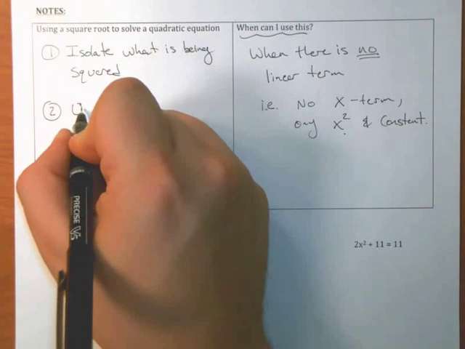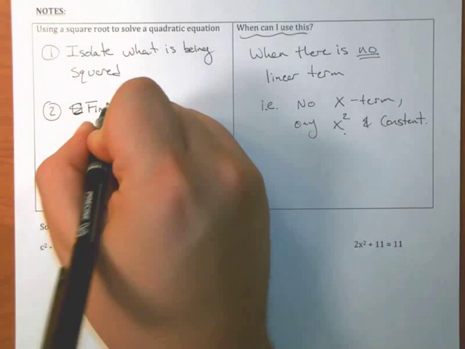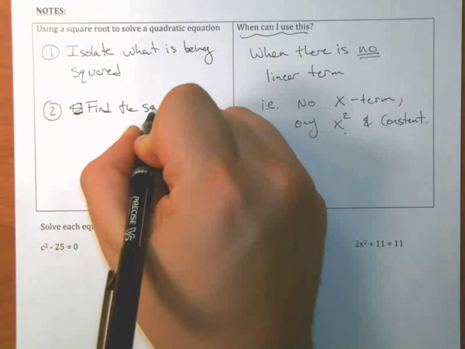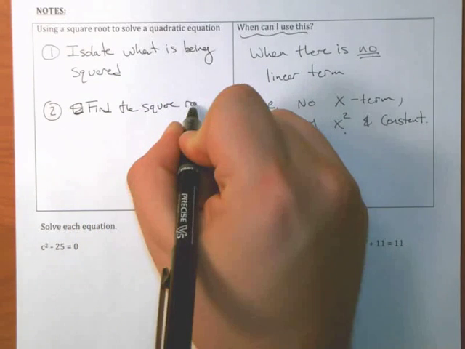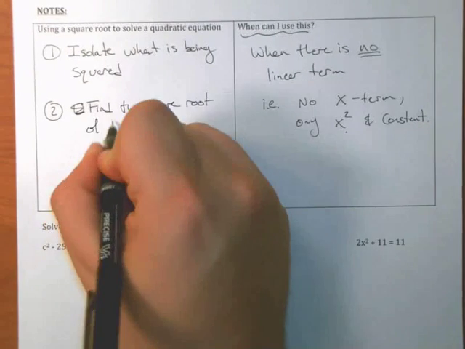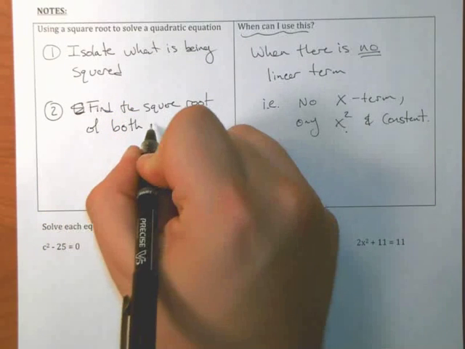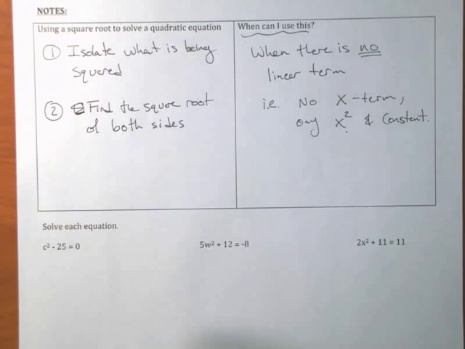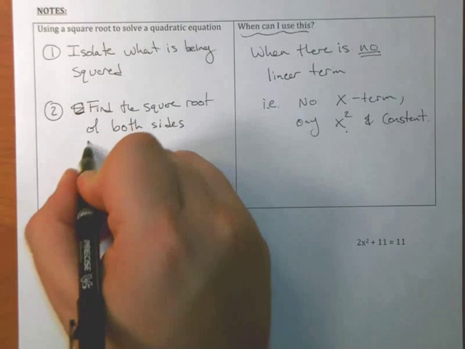Second, find the square root of both sides.